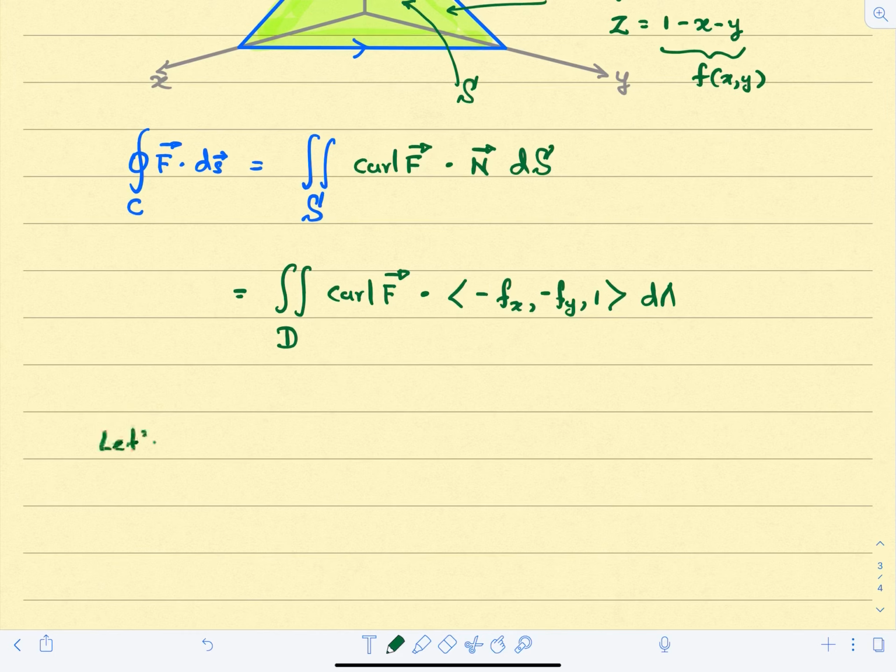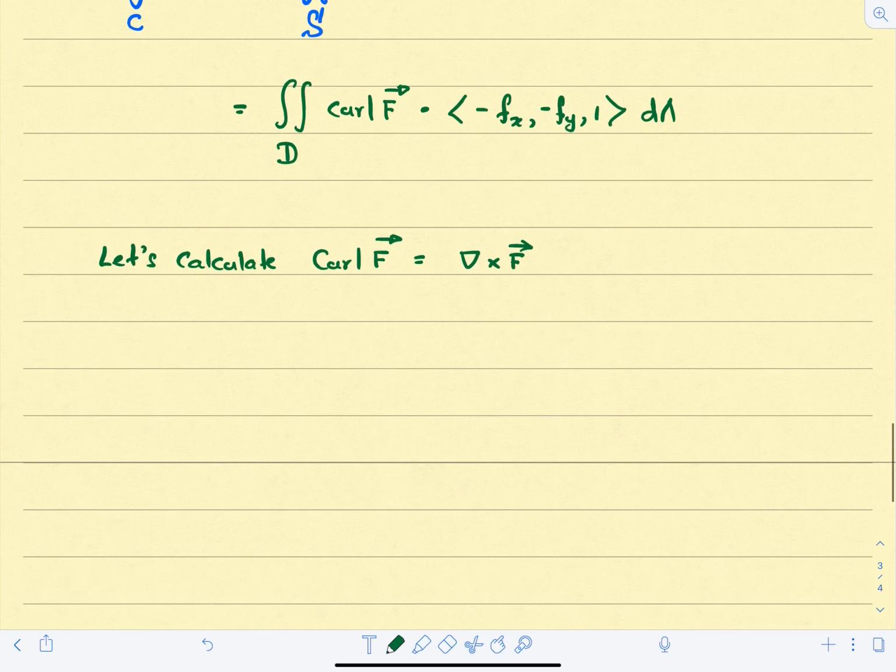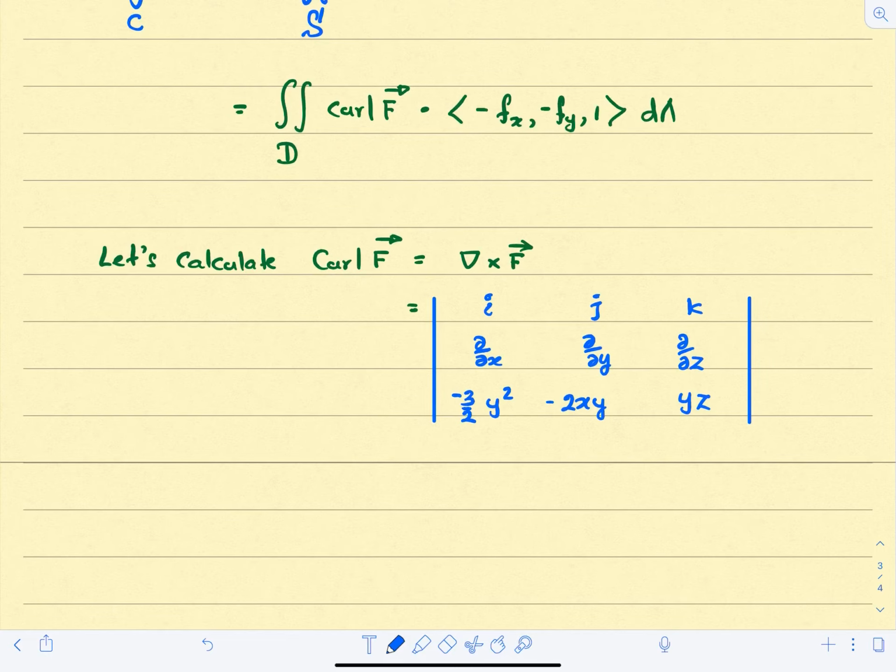So let's calculate curl of F, which is gradient cross F. This equals the determinant with i, j, k in the first row, and in the second row the components of the gradient operator, and then the components of the vector field: negative 3/2 y squared, negative 2xy, and yz. So let's calculate this cross product.